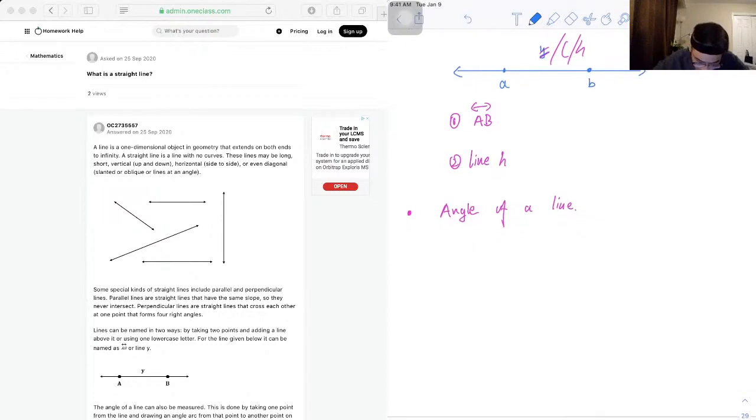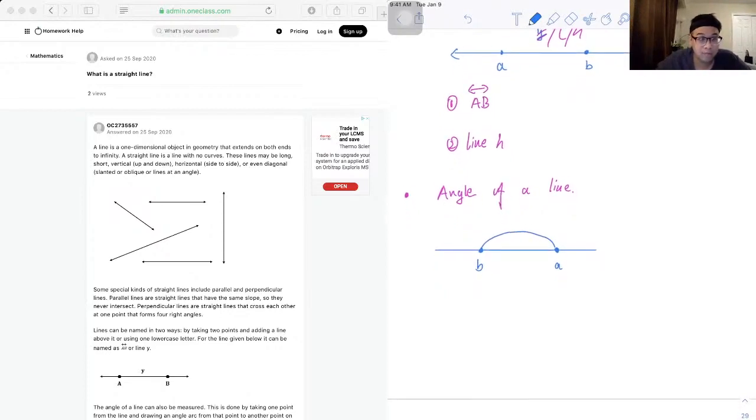So let's say we got 1 point here. Let's call it A, and I'm taking point A from the line and drawing an angle arc from point A to point B. So here's my point B. Something looks like this.